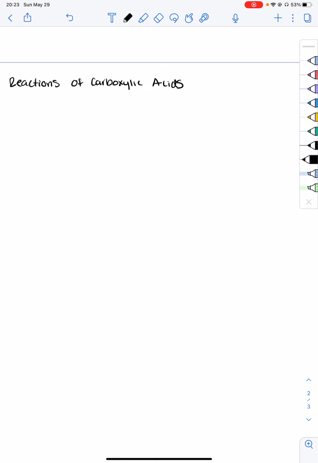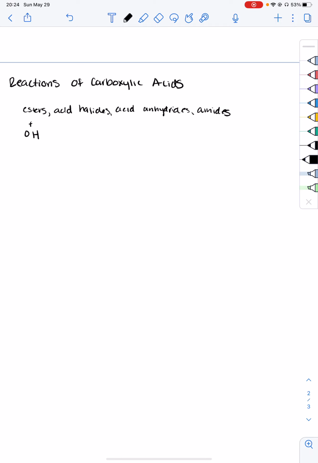The most common derivatives that are formed are esters, acid halides, acid anhydrides, and amides.